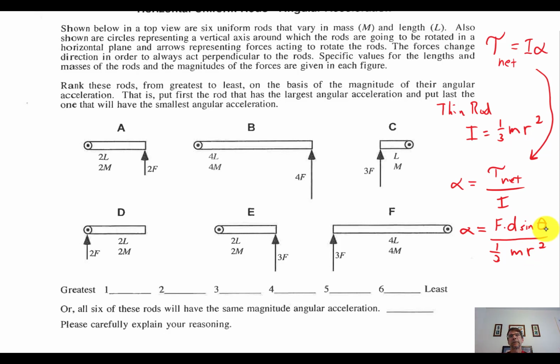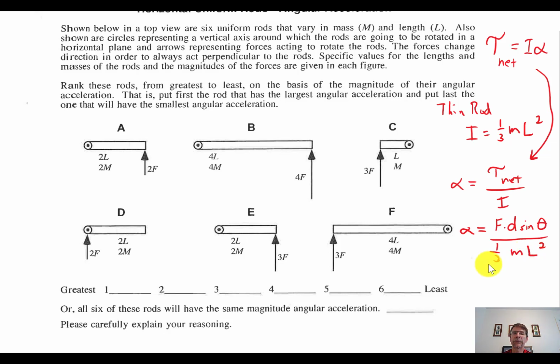Actually, I could have put there that r is the length of the rod. I'm going to change that. R is the length of the rod, 1/3 ml squared. I mean, r is a length. So 1/3 ml squared. That's how it usually will be printed in the literature.